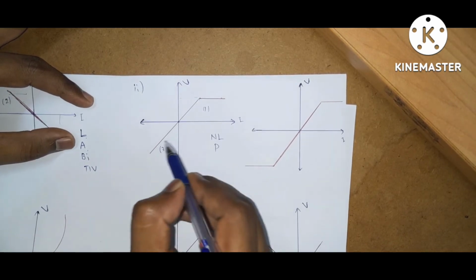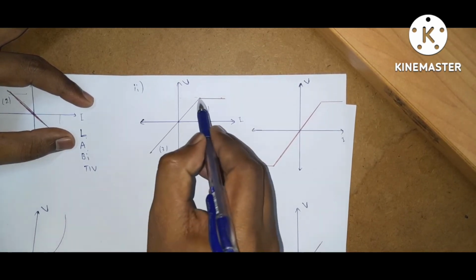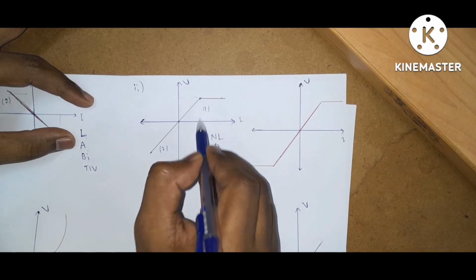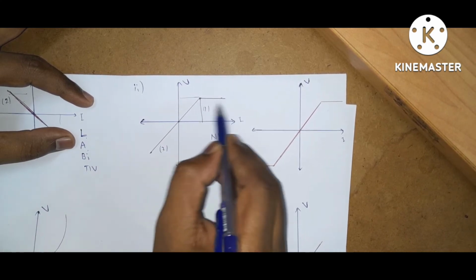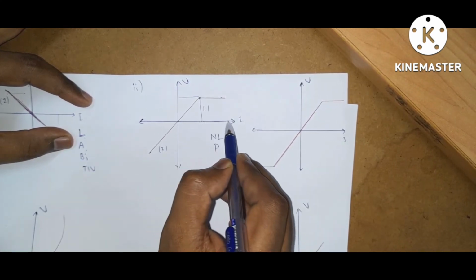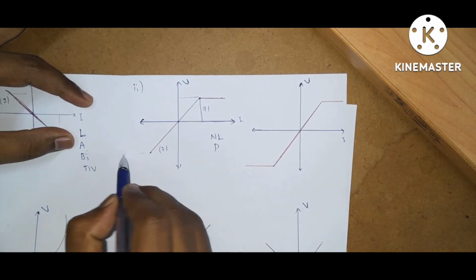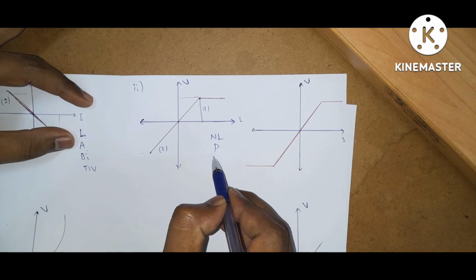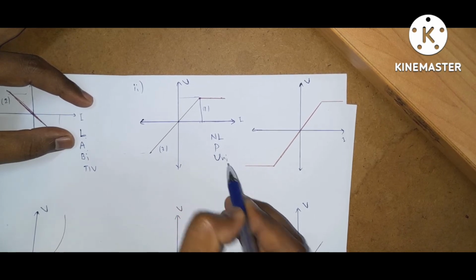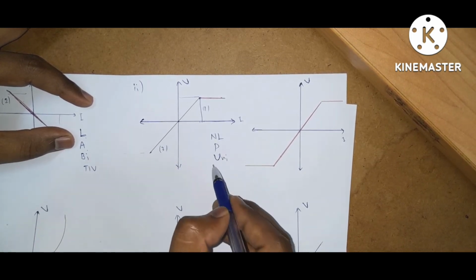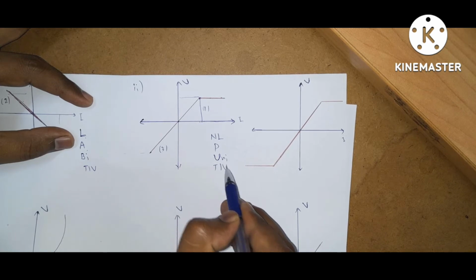It is unilateral, because up to here it is bilateral, but after this portion, even though the current is increasing, voltage is constant, and there is no such graph in the other direction, so it is unilateral. Next, this is time invariant, only one characteristic line.